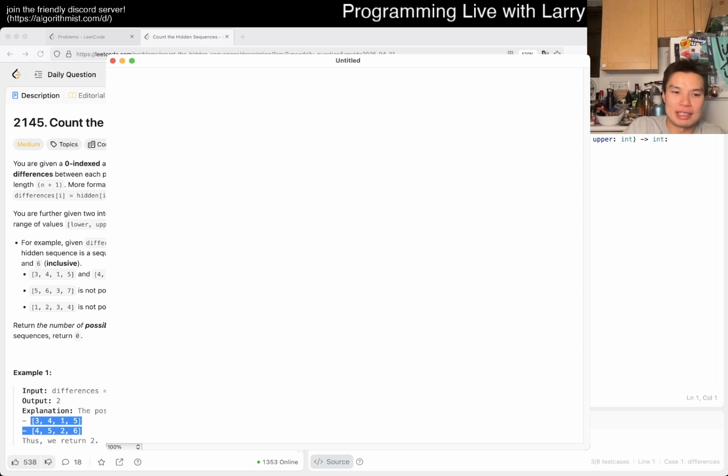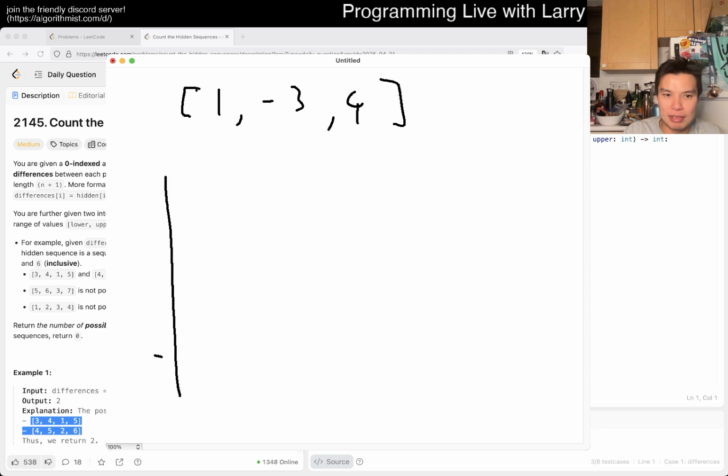So what are the differences? Let's take a look at example 1. We have 1, -3, and 4, right? The idea that I would think about for visualization is to just draw an XY axis. Let's say you start the first point at 0.